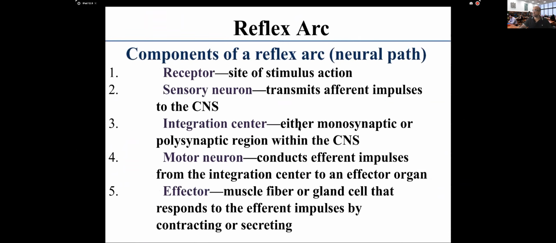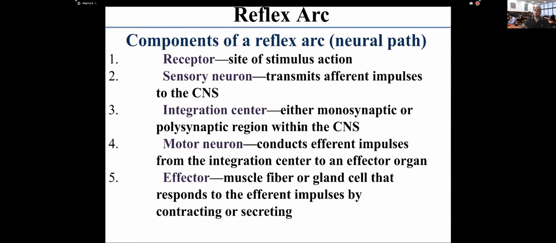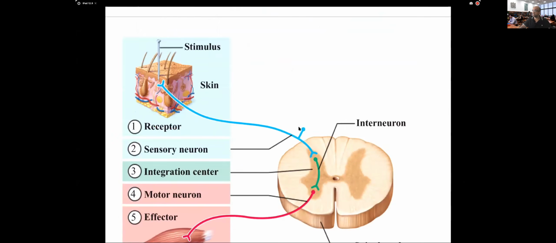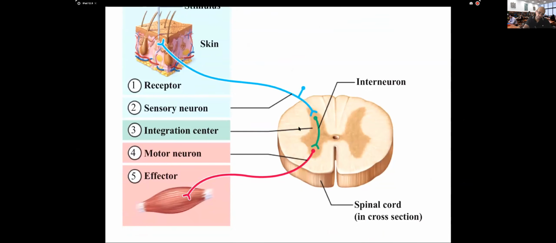What is the structure of the reflex arc? What are the components of a reflex arc? First, I need to have a receptor that allows me to detect the change of the environment, the stimulus.